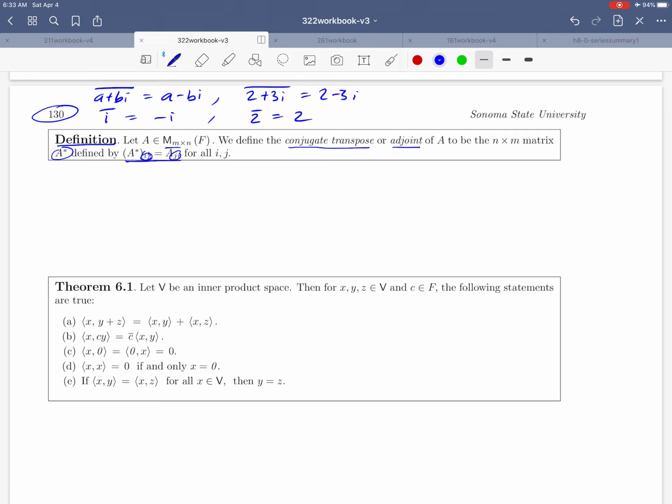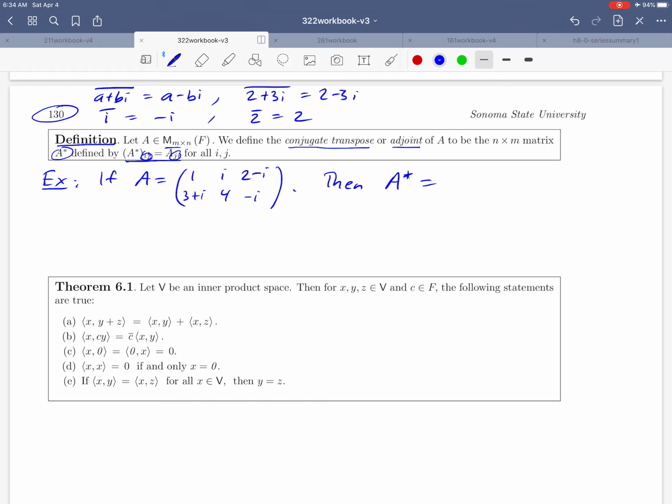If you play with that definition, you can convince yourself that if you start with a matrix, let's just take a specific example, I'm going to make it a 2 by 3, the conjugate transpose of this matrix you would get by doing two things.